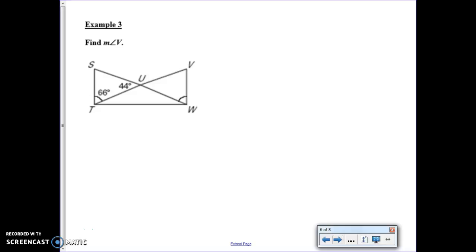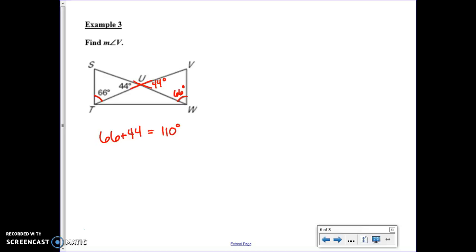Find the measure of angle V. Okay, so I see these arc marks. So right away I can say that this angle over here is also 66 degrees. And then I see vertical angles coming up right here. So I know that this is also 44 degrees, which means that if I did 66 plus 44 from this triangle on the left, I get 110 degrees.